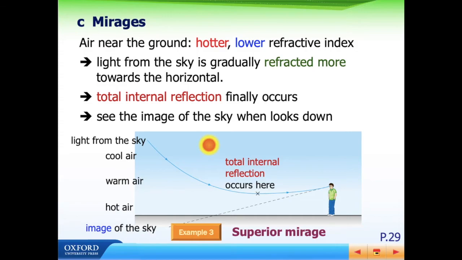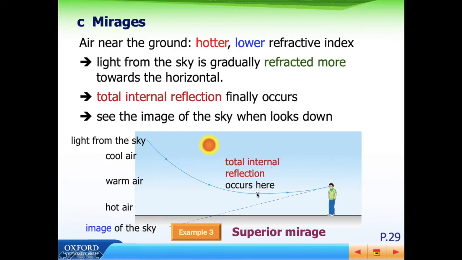To describe what a mirage is, this is exactly the explanation. If you have air that is near the ground, it means that this air is hot, and at the same time will have a lower refractive index. When the light from the sky is gradually refracted more toward the horizontal, as shown in this diagram right here, total internal reflection will happen.